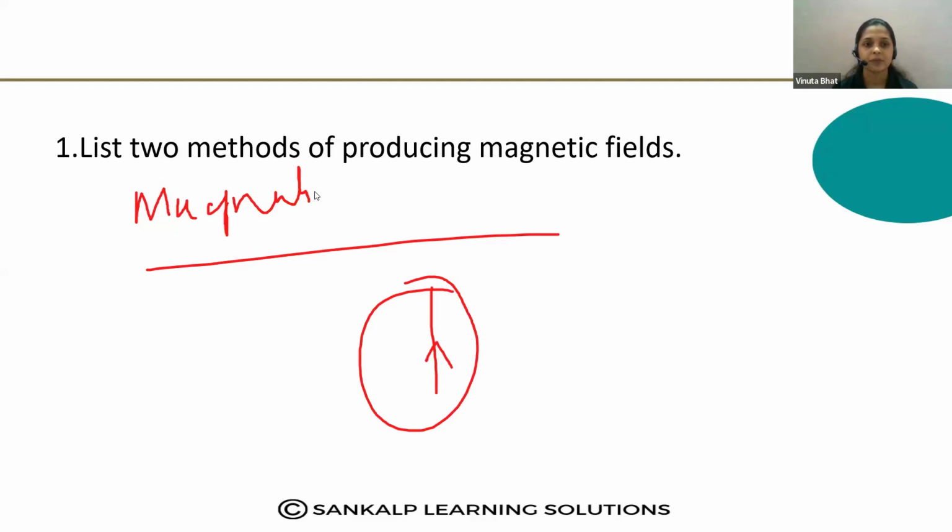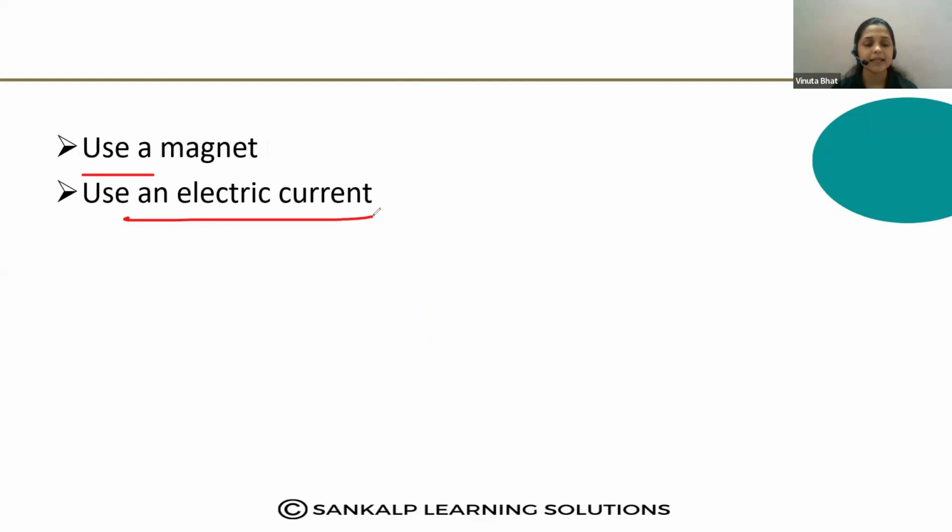The correct answer is by using a magnet, and by using an electric current. When you pass the electric current through the conductor, it produces the magnetic field. Yes, magnets always produce the magnetic field. So these are the two methods of producing the magnetic field. Okay.